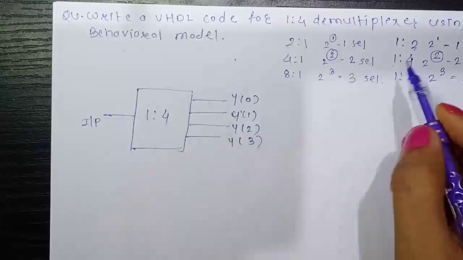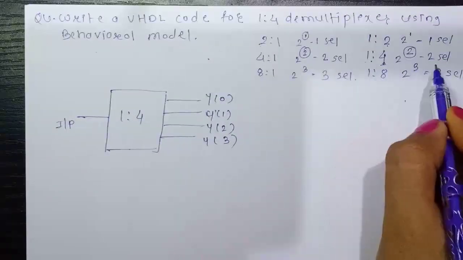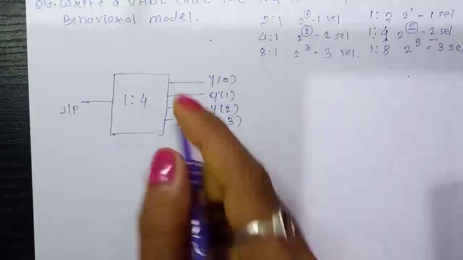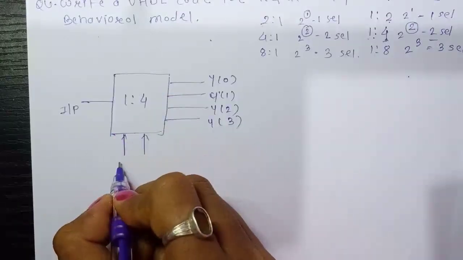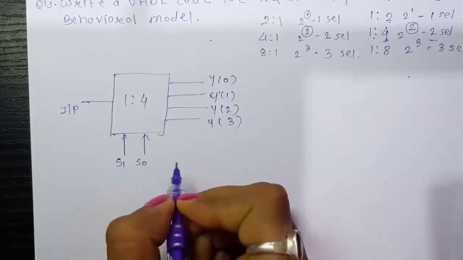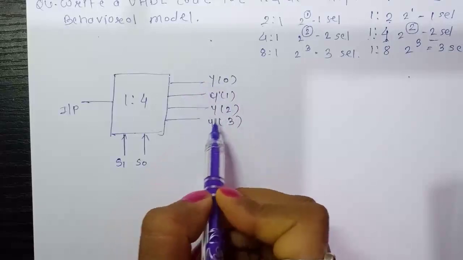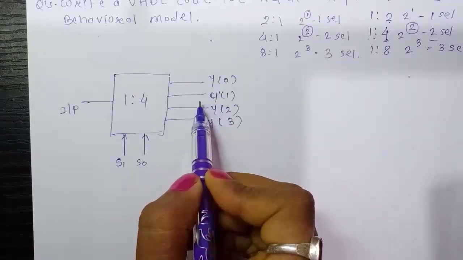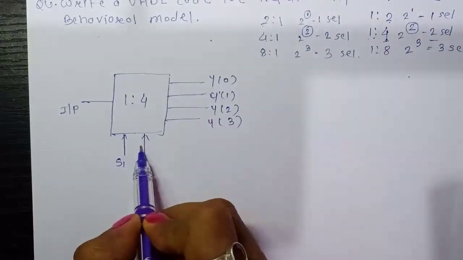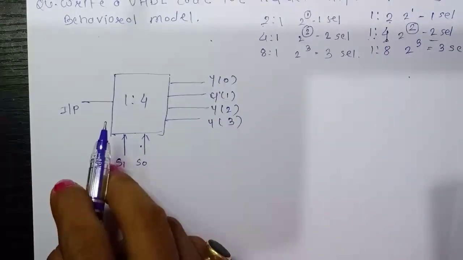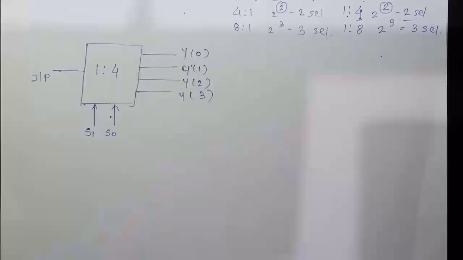In a 1 is to 4 demultiplexer, how many selection lines are there? 2 selection lines, that is S1 and S0. From these output lines, only one output can be selected at a time, and this selection depends on the selection lines. So I hope you understand the concept of demultiplexer.